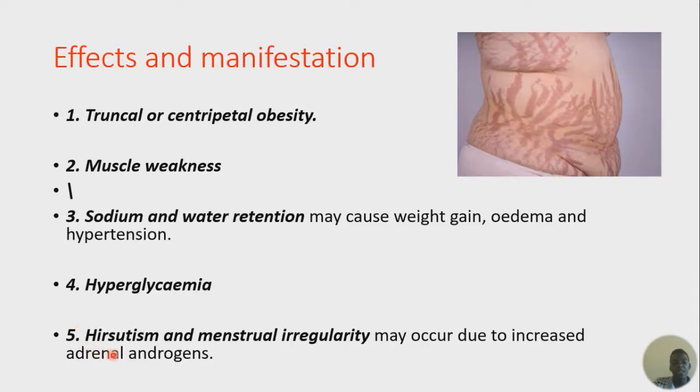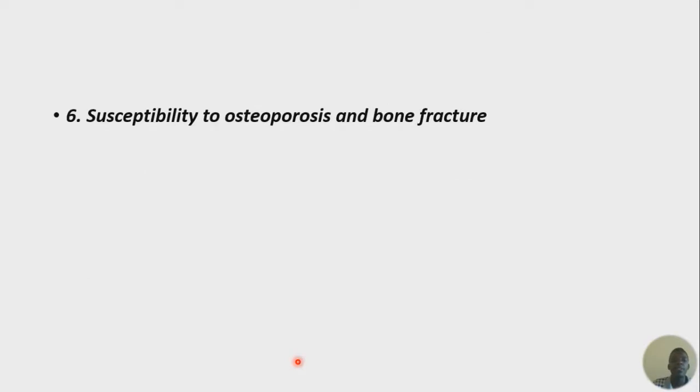The fifth is hirsutism, and menstrual irregularity may occur due to increased adrenal androgens. The menstrual cycle becomes irregular. Number 6, you are susceptible to osteoporosis and bone fracture. Recall proteins are being degraded and bone is majorly protein, collagen. So it means you will be exposed to osteoporosis or bone fracture.